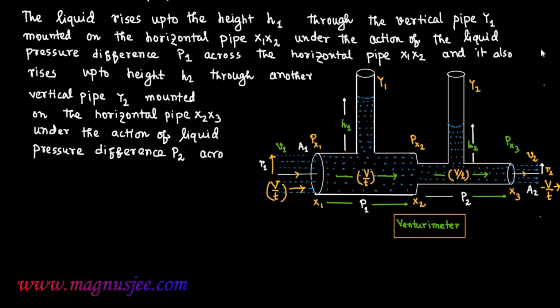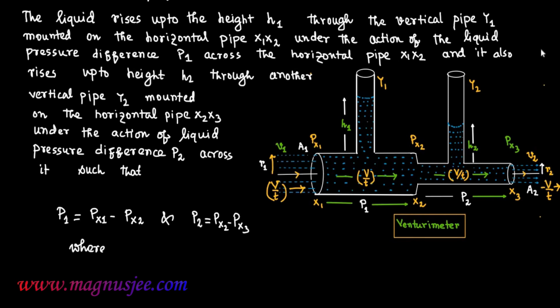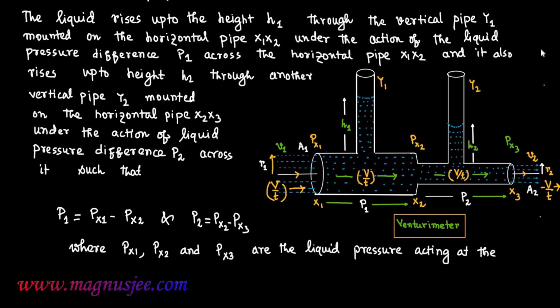P2 across that horizontal pipe, such that P1 equals Px1 minus Px2 and P2 equals Px2 minus Px3, where Px1, Px2 and Px3 are the liquid pressures acting at the ends X1, X2 and X3.